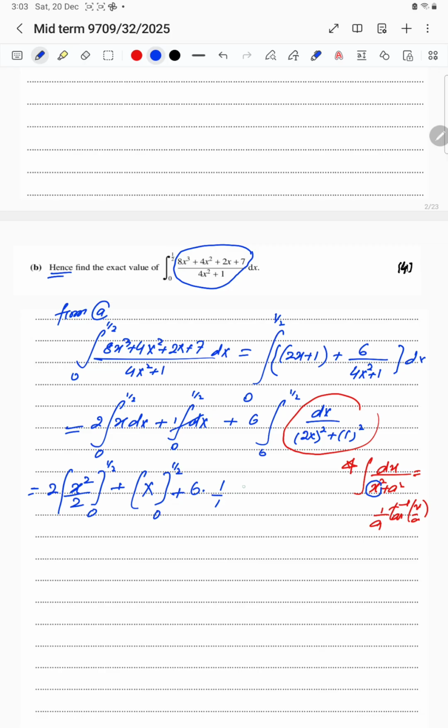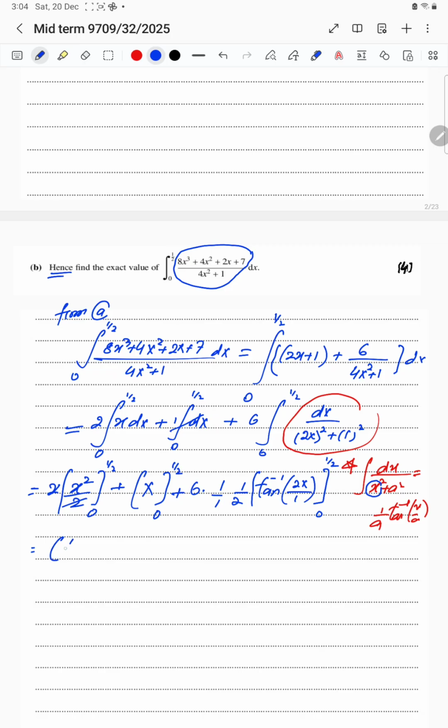So it will be 1 by 2 tan inverse of 2x, and limit here 0 till 1 by 2, because here the differential of x is dx, but here the differential of 2x is 2 dx, so that's why I wrote 1 by 2. Further, 2 cancels.